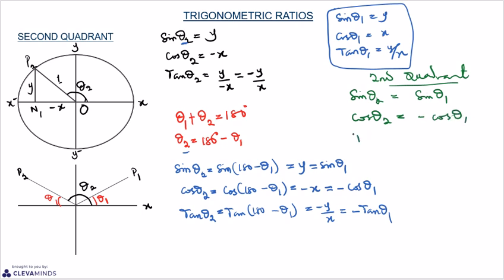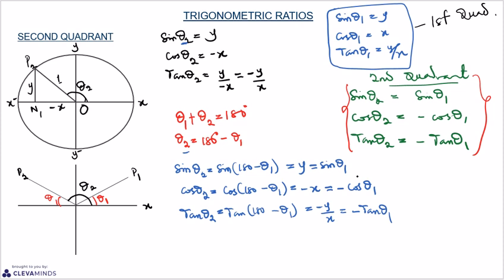Then tan theta 2 will give us negative tan theta 1. So this is another thing to take note of in the second quadrant. Remember, this was the first quadrant, and now we have the second quadrant to take note of. So these are the ratios of general angle in the second quadrant.